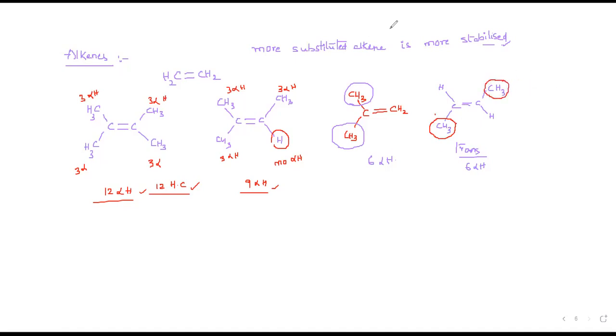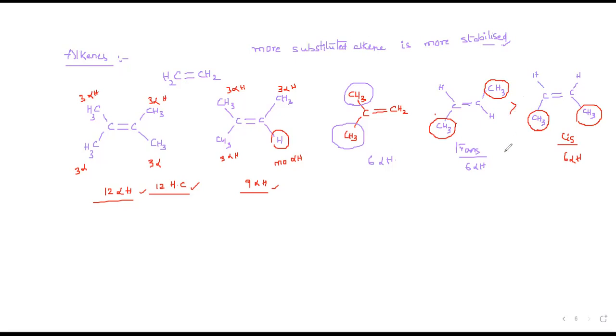If I go with the next representation of a cis form, C double bond C, H, H, CH3, CH3, here also you have 6 alpha hydrogens, but the form of the compound is cis.